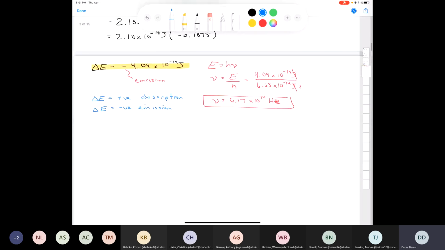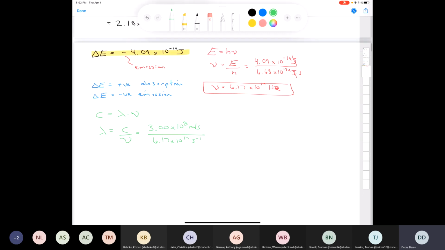Now, if we want to solve for wavelength, I'm sure you could probably do that faster than me. We have that c is equal to wavelength times frequency. And sorry, I'm solving for wavelength. The wavelength is equal to c over frequency. We have our speed of light, 3.00 times 10 to the power of 8 meters per second, divided by our frequency, 6.17 times 10 to the power of 14 seconds to the minus 1.